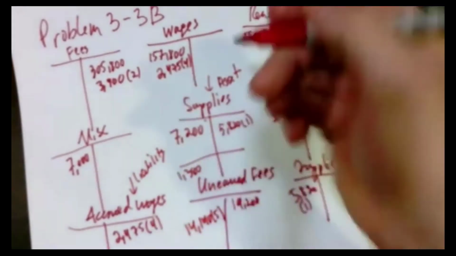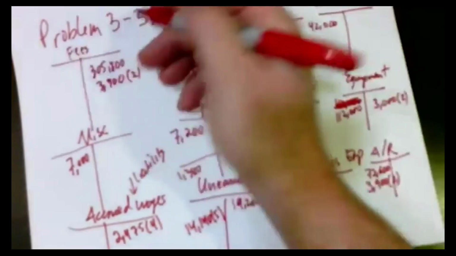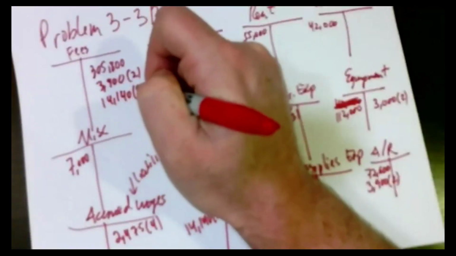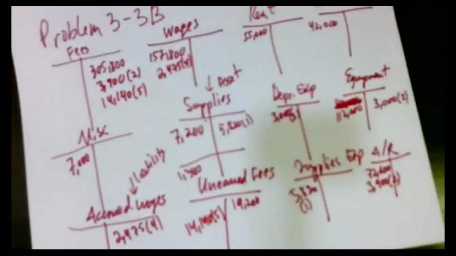So you need to debit it, and then credit fees, which is a revenue account. Those are the adjusting entries you should have made.